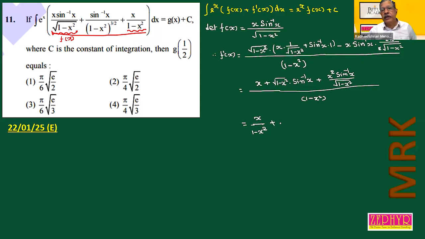Plus, I'm taking LCM, root 1 minus x squared. Then numerator, it is 1 minus x squared into sine inverse x plus x squared sine inverse x.